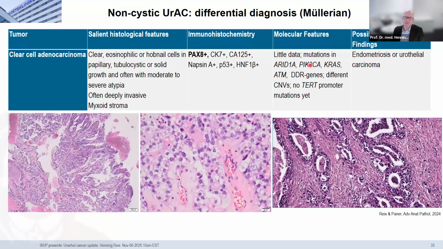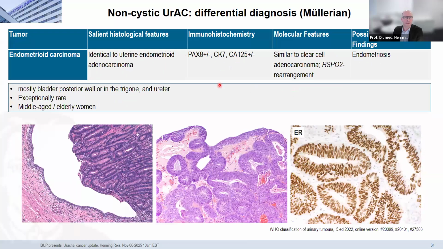We don't know a lot about the molecular background of these tumors, and there can also be some associated findings. Even rarer, the endometrioid adenocarcinomas of the bladder, and these can be found, of course, mostly in middle-aged or elderly women. They are exceptionally rare, even rarer than urachal adenocarcinoma, and can be found mostly at the posterior wall.